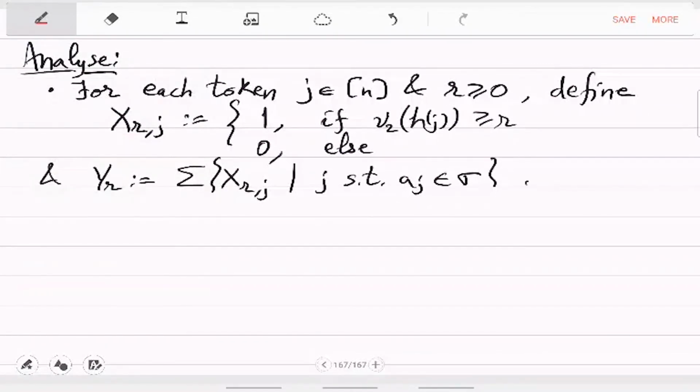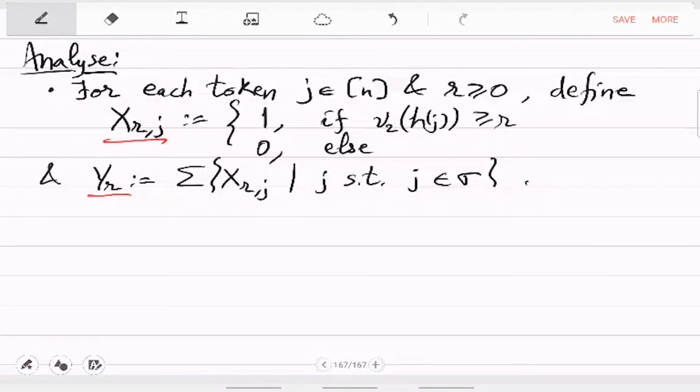So, for all the tokens, here I think this should be called m. For each token j from 1 to m, no, sorry, maybe not. The hash function we are applying on j, so then I should maybe put j here. Yes, j appeared in the stream.